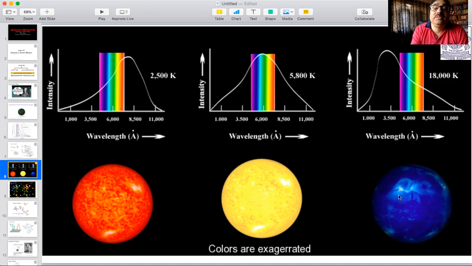The stars which are blue in color have surfaces at a very huge temperature of the order of 18,000 Kelvin. So the black body radiation curve allows us to map the temperature of different objects that we see in the night sky. That is all possible because we are able to relate the frequency or the wavelength with the temperature of the star through the black body radiation curve.